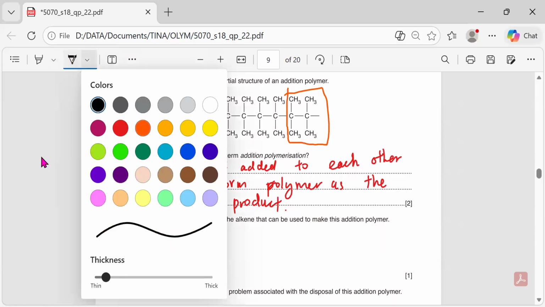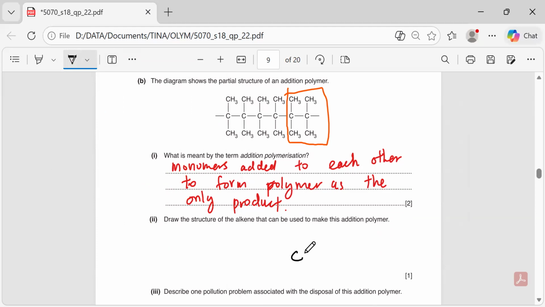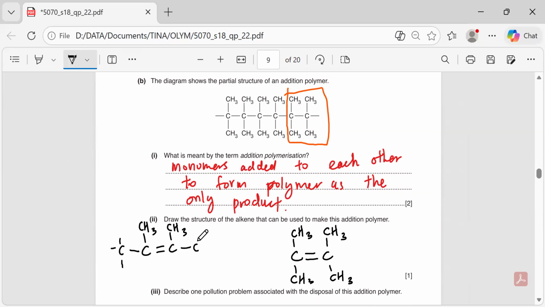You don't have to know what it is, but do you know? I draw for you nicer. Same.